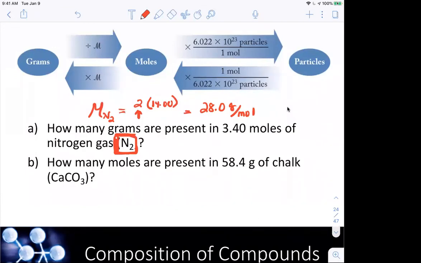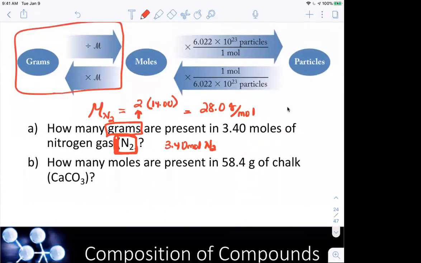So if I want to do 3.40 moles of N2 and I want to convert to grams, here, I'm going to take for every 1 mole of N2, I have 28.0 grams of N2. That's the molar mass used as a conversion factor. Moles of nitrogen cancel.